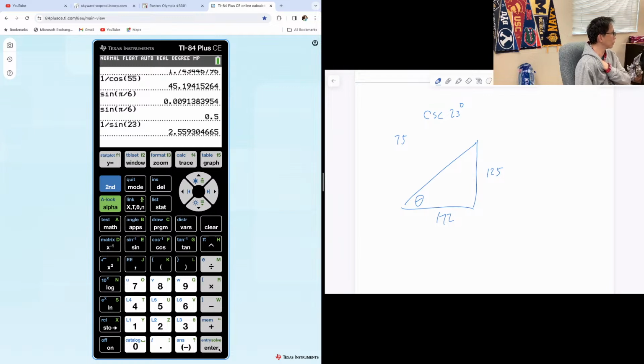Which trig ratio has these two sides? Good job. Tangent of theta is equal to what?